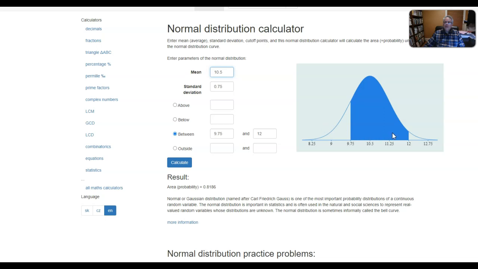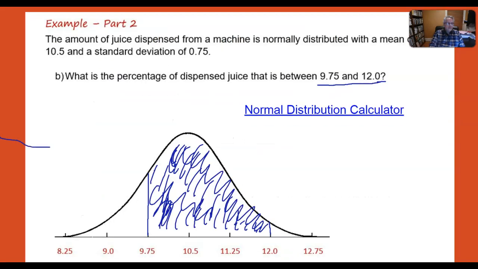So it shades the area, draws a normal curve for us, labels the x-axis, shades the area we want, and calculates what that area is. It's 0.82 approximately. This area right here is 0.82. So our final answer is 82% of the time it's going to fill it between those two values.